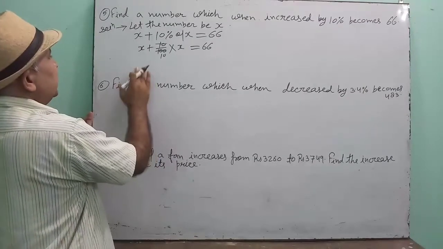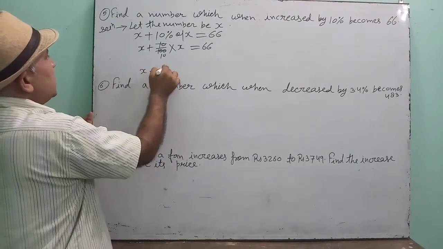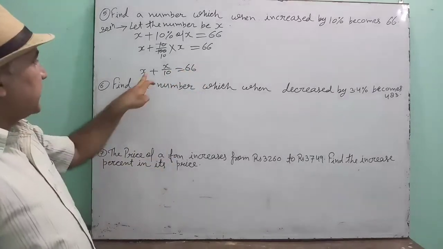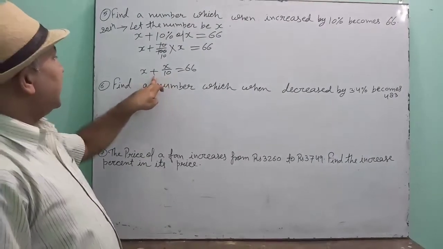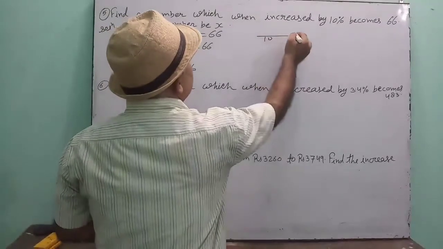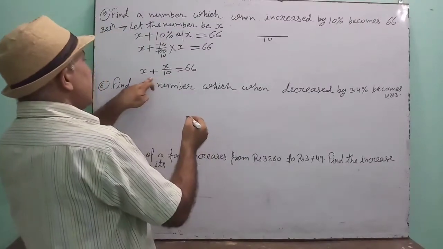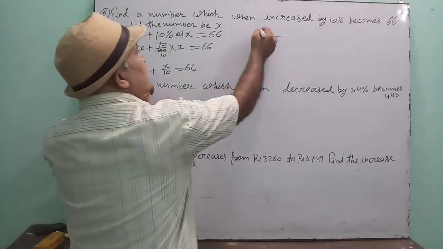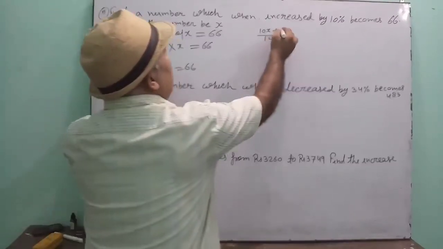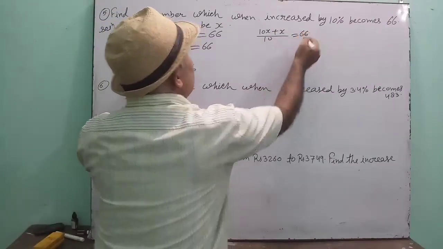Addition of fractions is always done by taking the LCM. So here 10 will be the LCM. If you take LCM 10, then x into 10 will be 10x, plus here x will remain, is equal to 66. Is this understood?